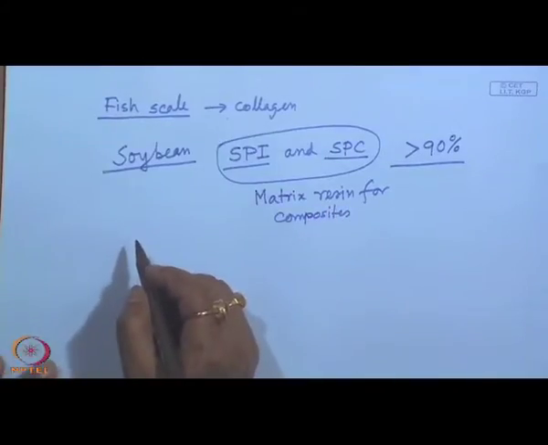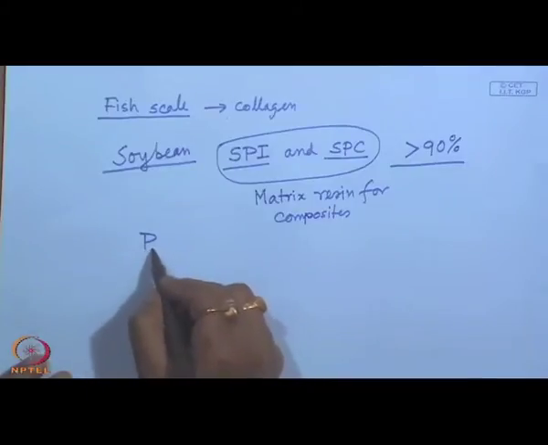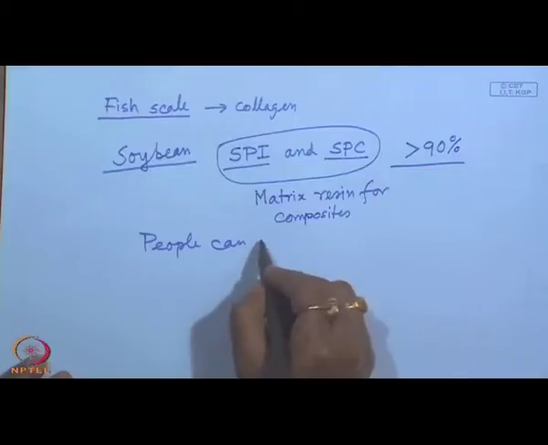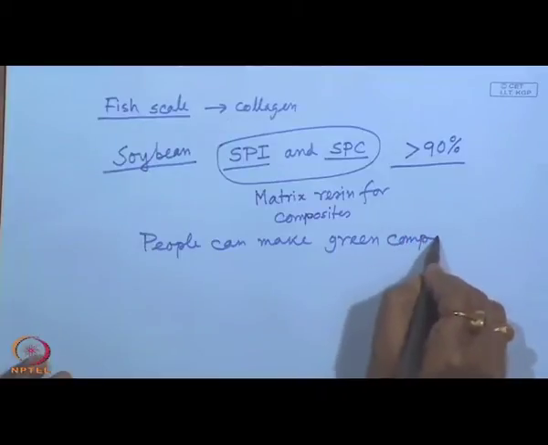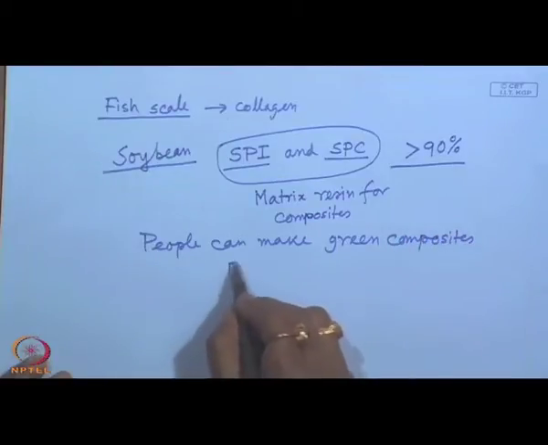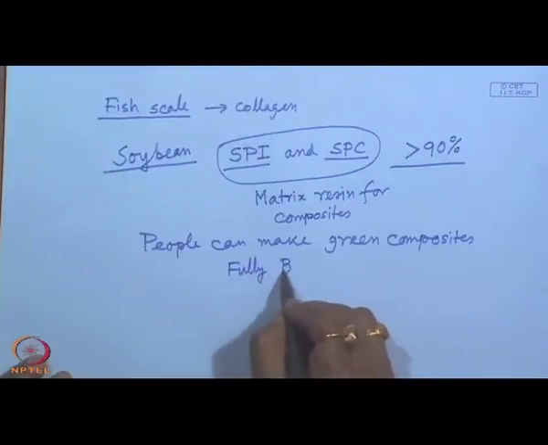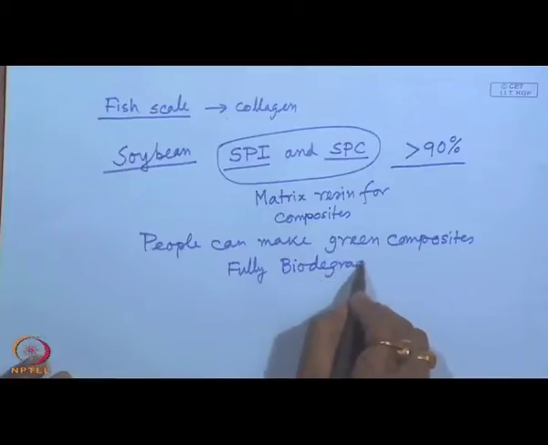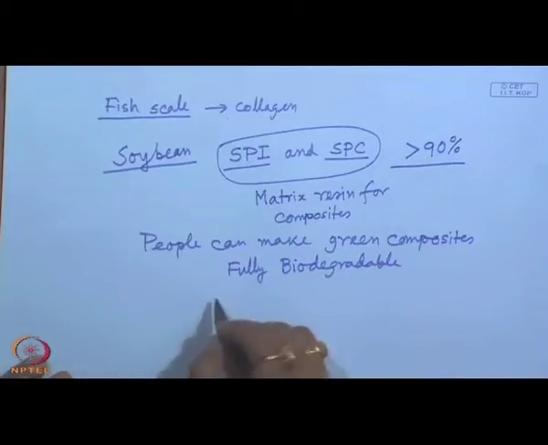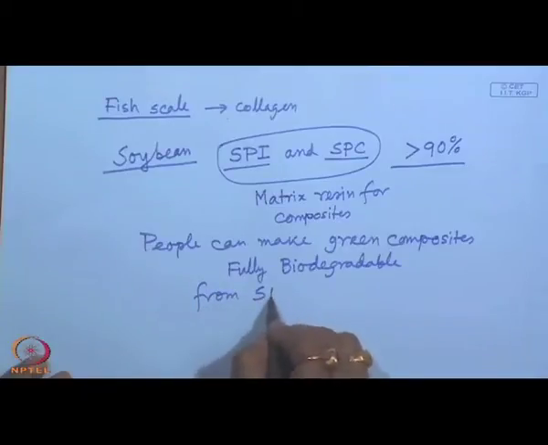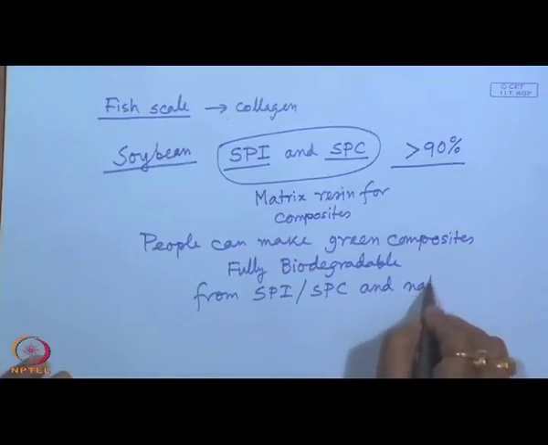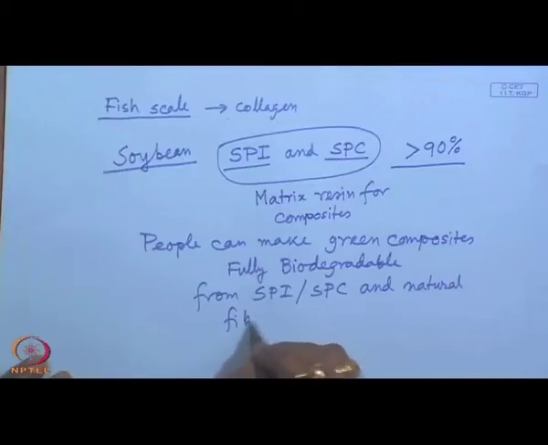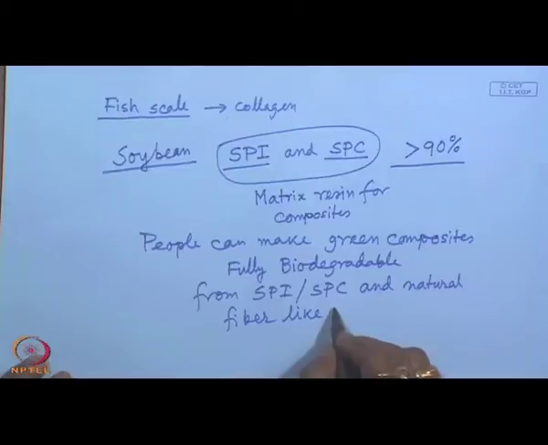People can make green composites which are fully biodegradable from such SPI or SPC and some natural fiber like jute, sisal, ramie.